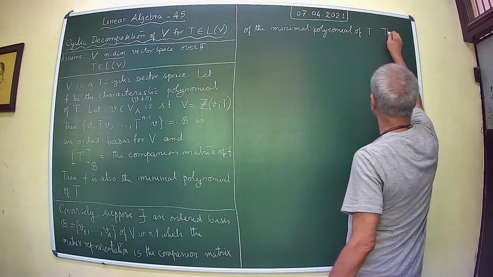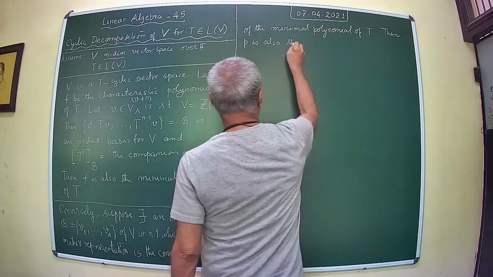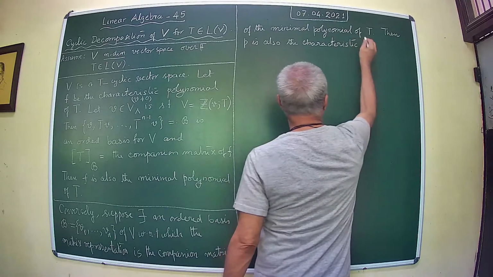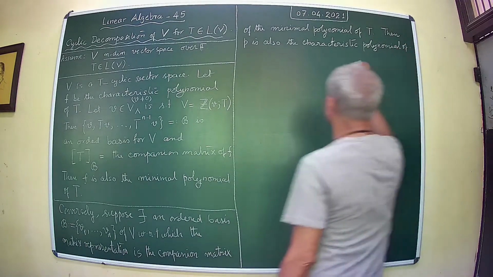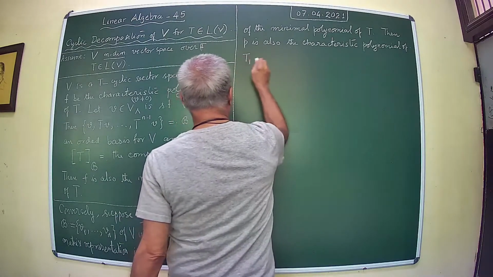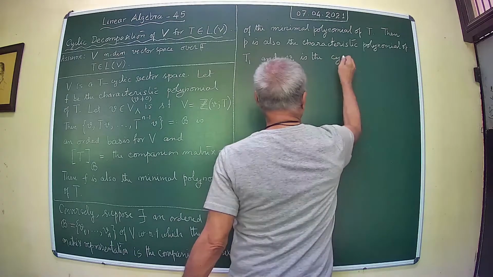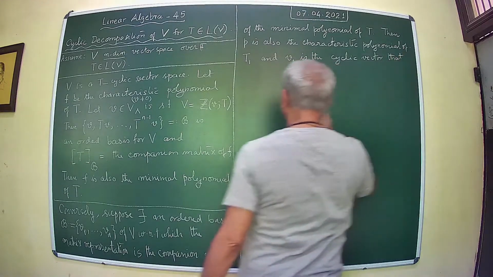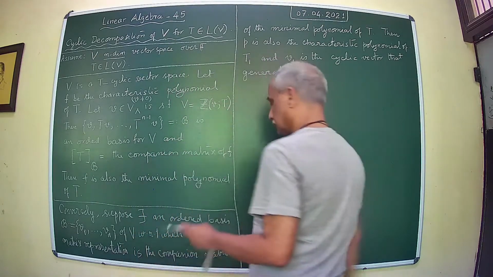Then p is also the characteristic polynomial of T, and v1 is the cyclic vector that generates V, that is, the basis is v1, Tv1, and so on.